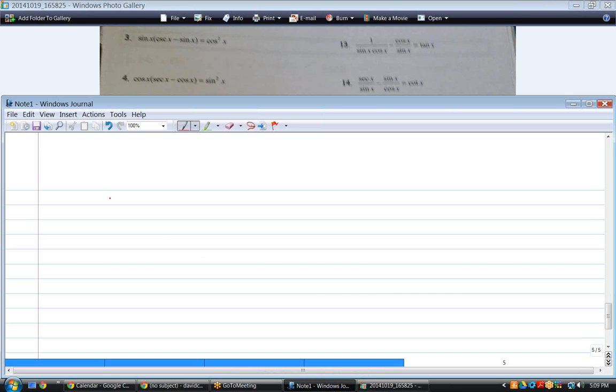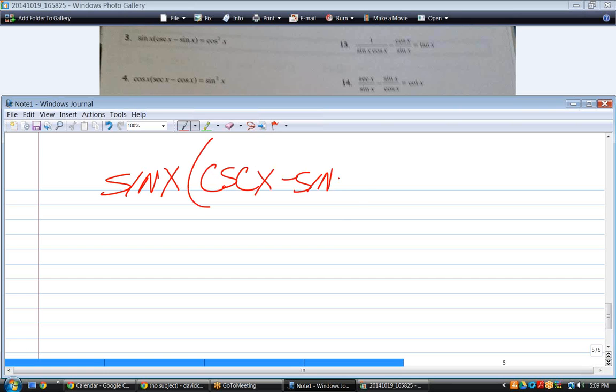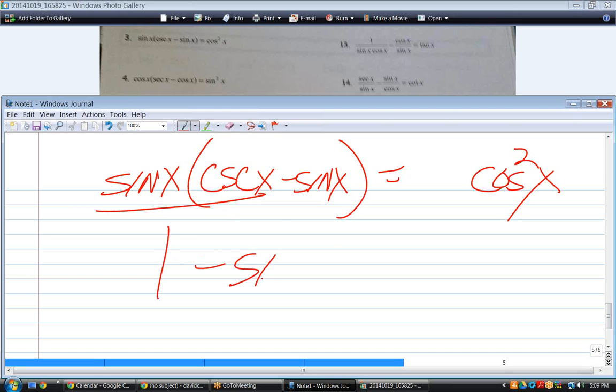Okay, let's look at number 3. This is much like a previous one. Always learn to recognize what that is. That's 1. So this is 1 minus sine squared.